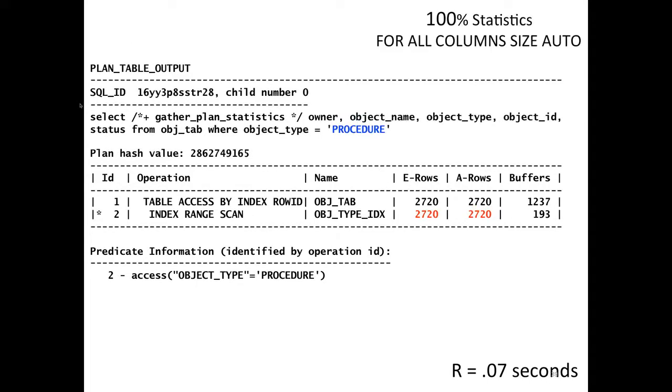Well, if I compute or gather the statistics again, I can tell it to go out and gather histograms for me using the size auto option. This is the method opt parameter in the statistics collection.